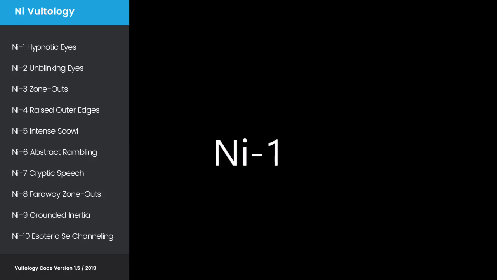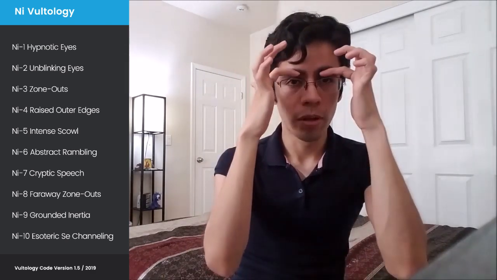Okay, next we have the Ni signals, beginning with Ni1, which is hypnotic eyes. Hypnotic eyes are going to be staring through you. So there's a looking past objects. There's a far away, 100-yard gaze, but the upper eyelid will be lowered over the eyes.